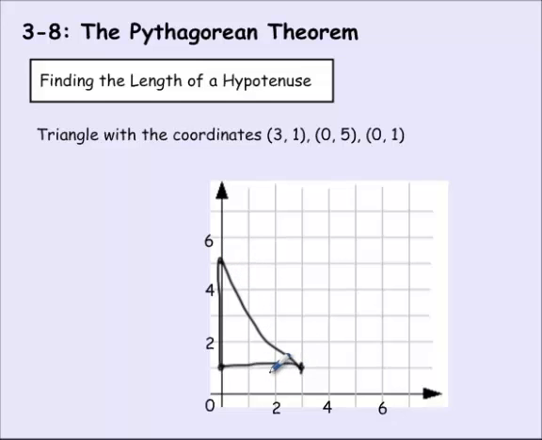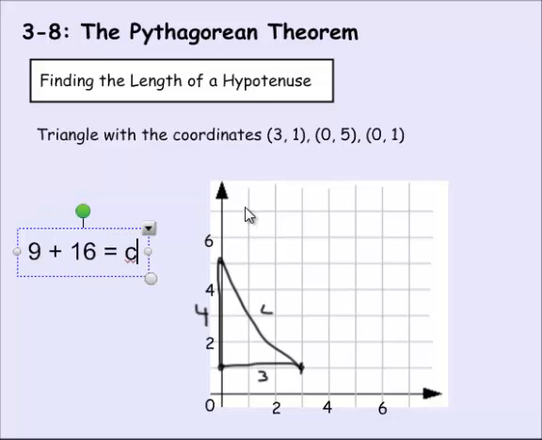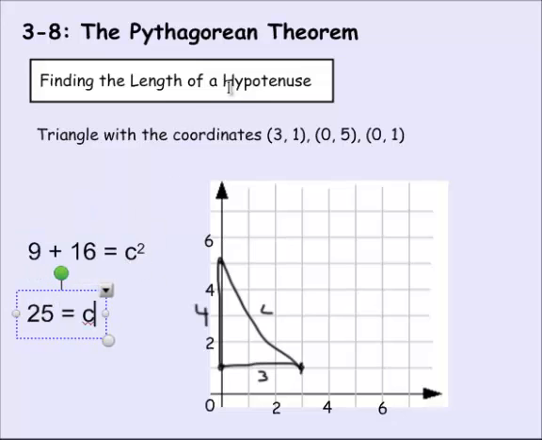But we know that this is 3, the short side. We also know this short side is from 5 to 1, so that'd be 4 spaces. So 4. But this is c. We don't know what c is. Let's use that formula then. Short side 3 squared, which would be 9, plus short side 4 squared, which is 16, equals c squared. We know that 9 plus 16 equals 25, so 25 equals c squared.